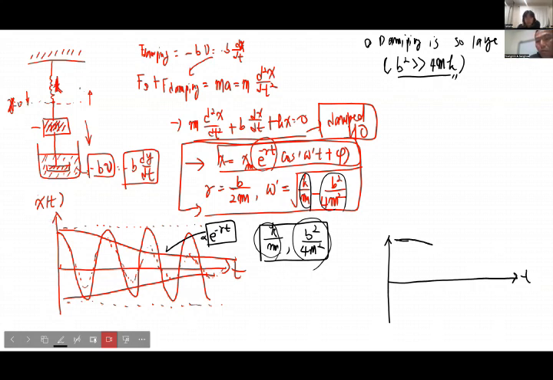There's no oscillation, it just quickly converges to the minimum amplitude. This is called overdamping.